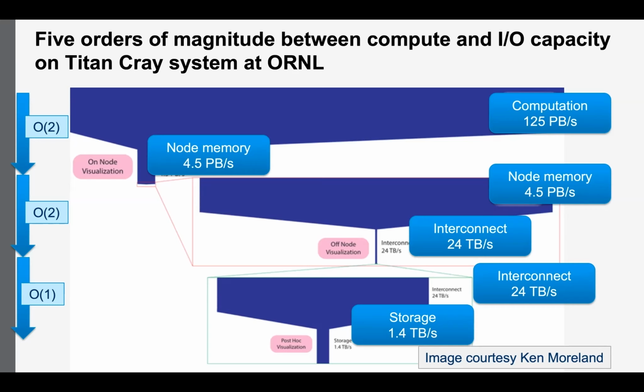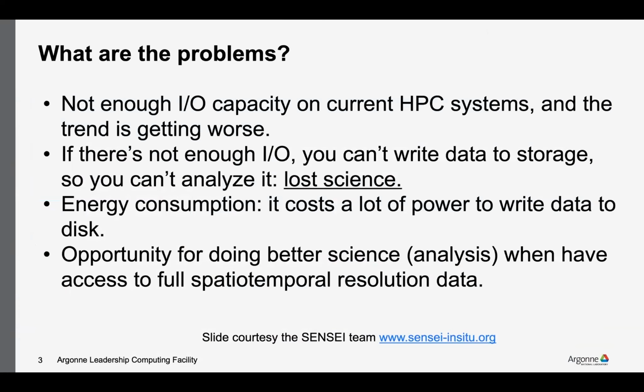So that's a lot, right? And the computational capabilities, the flops, are increasing much faster than this. So this gap between flops and I/O keeps increasing. Those are the main motivations for looking at in situ based analysis.